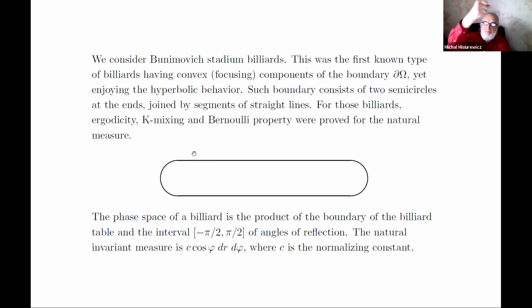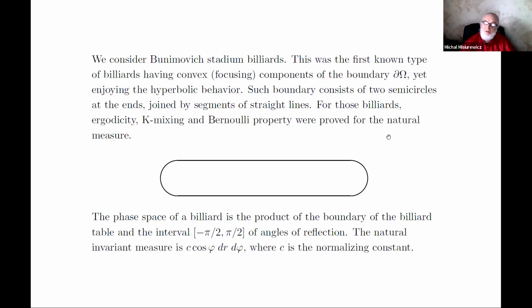Of course, you can think about it up and down, but I prefer this way because it's easier to make pictures which don't take too much space this way. And segments of straight lines. So, what was the proof? Ergodicity, K-mixing, Bernoulli property for the natural measure.